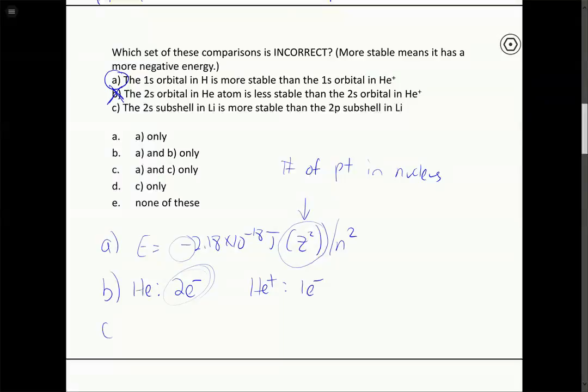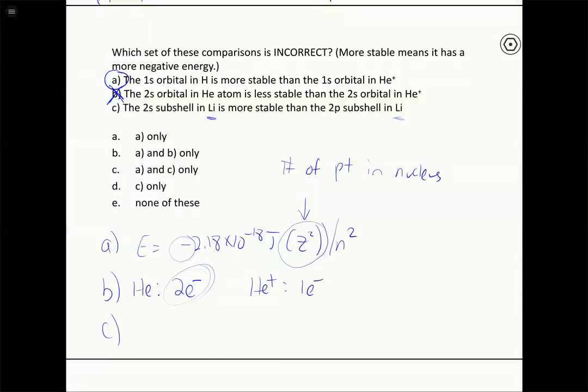And then finally, choice C, the 2s subshell in lithium is more stable than the 2p subshell in lithium. This one deals with subshell energies for multi-electron atoms, and as I talked about in the last problem, when you have a multi-electron atom, lithium has 3, the ordering of the subshells is going to depend on the value of l as well. So you have s comes before p, which comes before d, which comes before f.